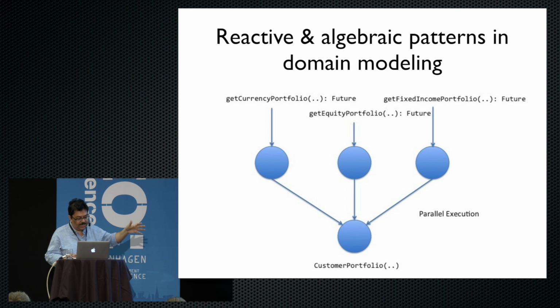We can have the other pattern as well, where we can have individual operations executed in parallel. For example, you are trying to compute the customer portfolio. In order to compute a customer portfolio, you need to get his portfolio for currency, for equity, for fixed income, for all the types of instruments that he has. But all of them can be fetched parallelly. So here it's a scatter-gather kind of design pattern.